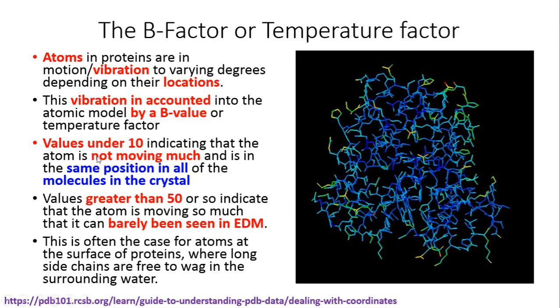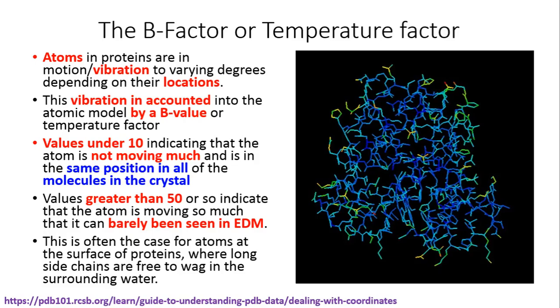Okay, if the value of your B factor is under 10, that would indicate that the atom is not moving much. And if the value is greater than 50, that would indicate the atom is moving so fast that it can be barely seen in the electron density map. It is very difficult for that atom to be located.